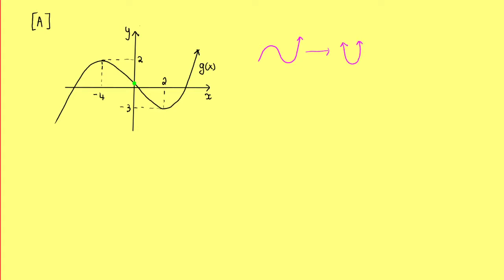The second thing you need to remember is the x values of the turning points of your cubic will be the x values of the x-intercepts of your quadratic. If you have this information, you're good at drawing the parabola.